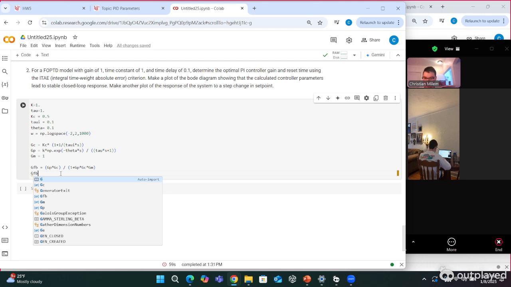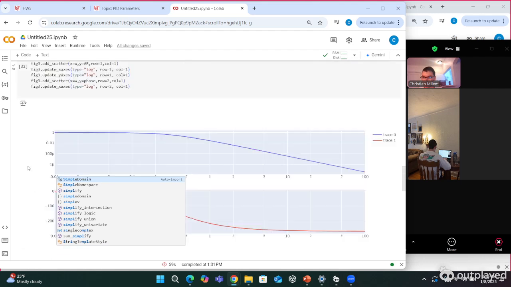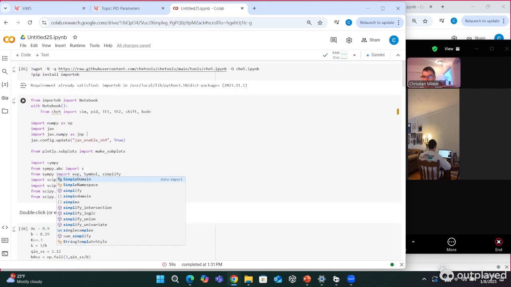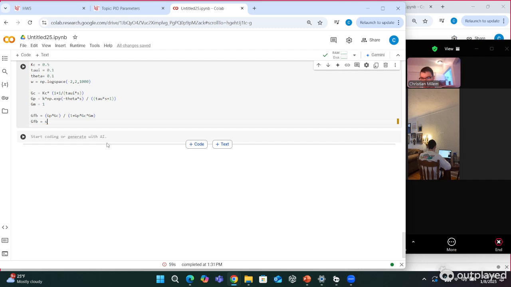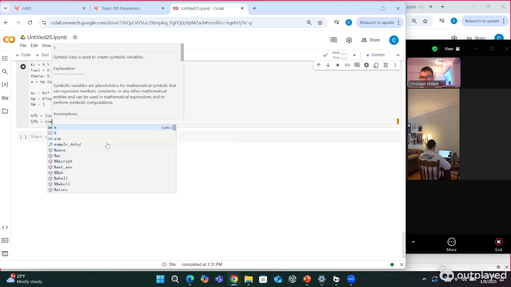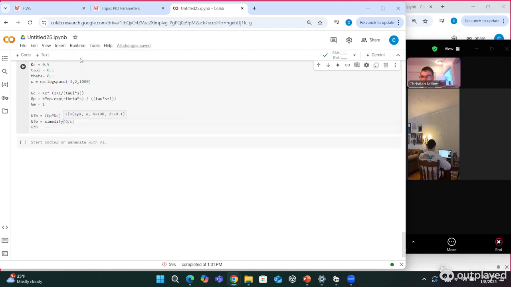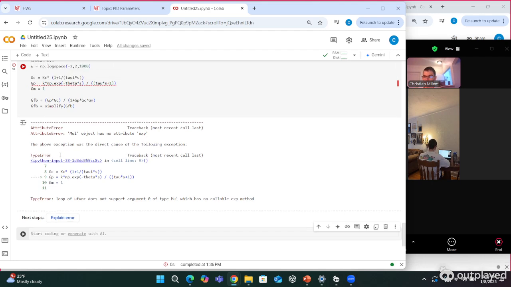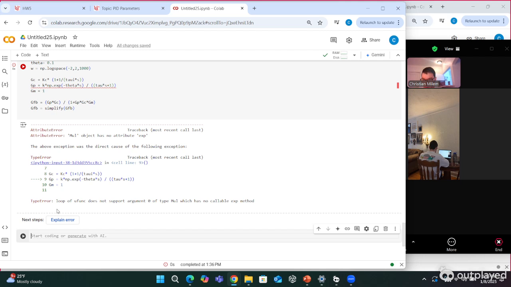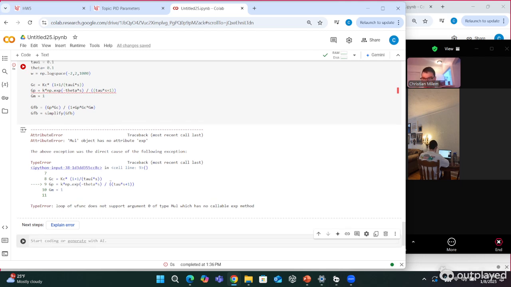So GFB equals simplify. How is it typed in up here? Import simplify. There we go. It's been running slow on me, so let's see what's going on.